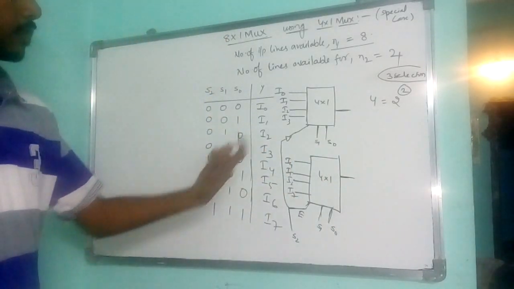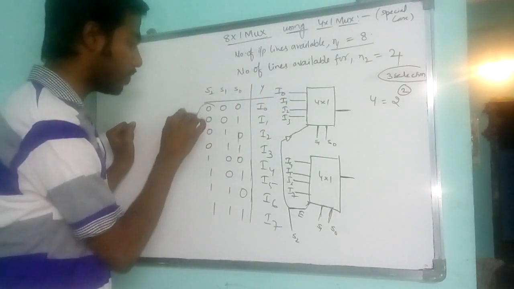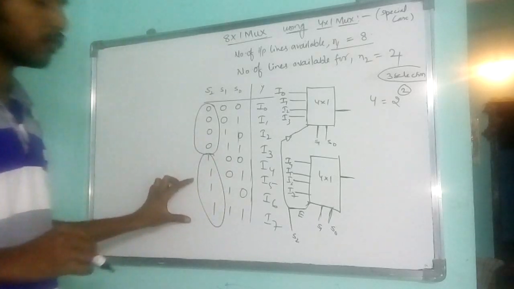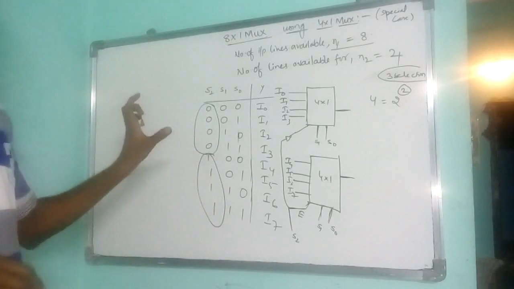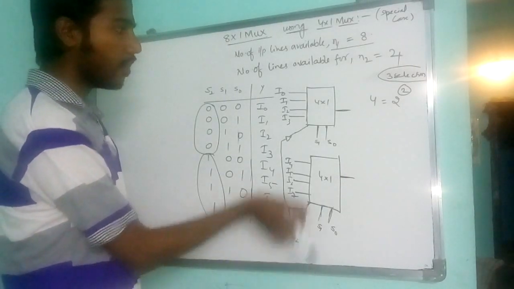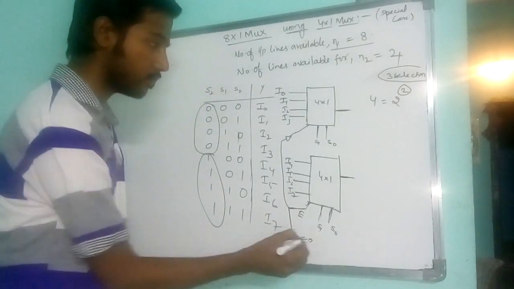Now I need I0. As you can observe, for the first 4 selection lines S2 is 0, and for the next 4 selection lines S2 is 1. So when I want I0, S2 should be 0.